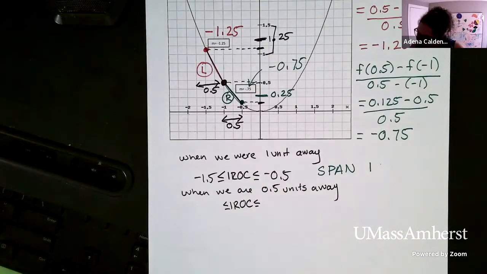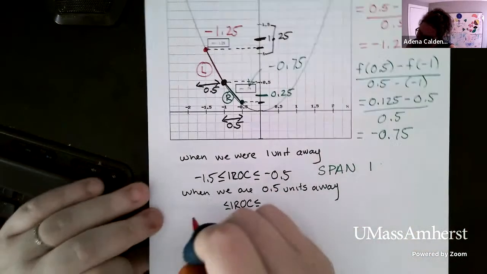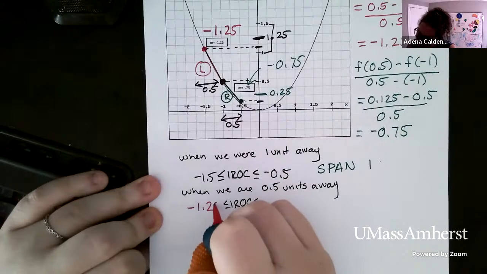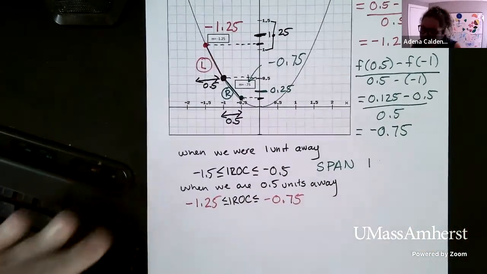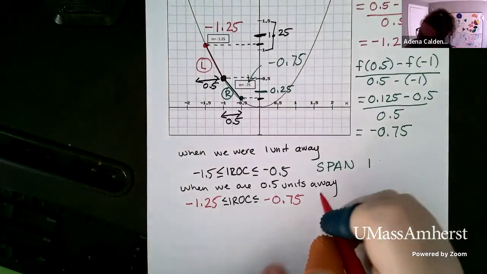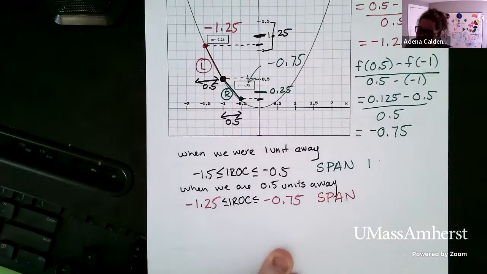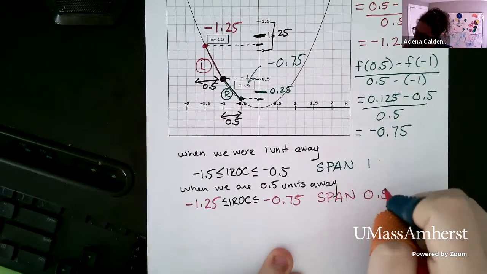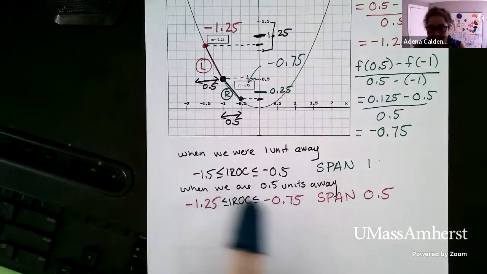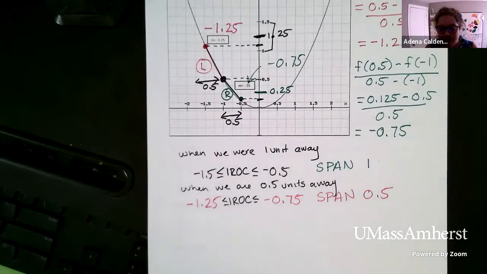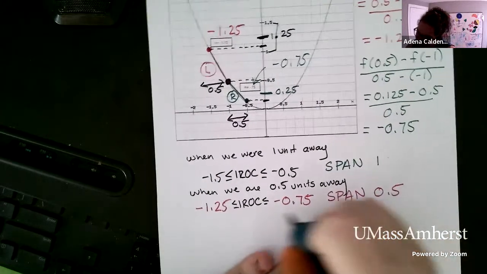And now, with my new approximations, I have negative 1.25 and negative 0.75, right? So now my span of where my instantaneous rate of change has to be is 0.5. So that is a smaller interval where my instantaneous rate of change needs to be, which means it's a better approximation.